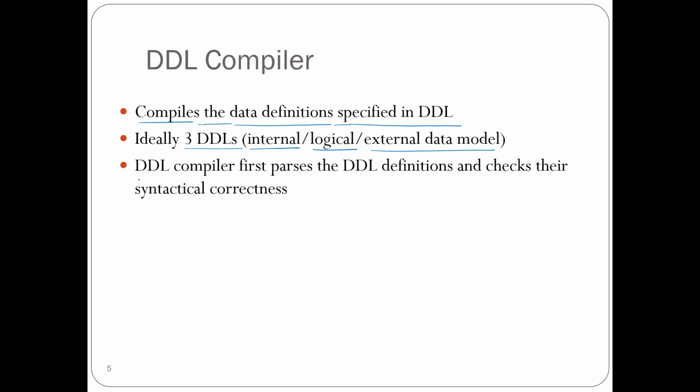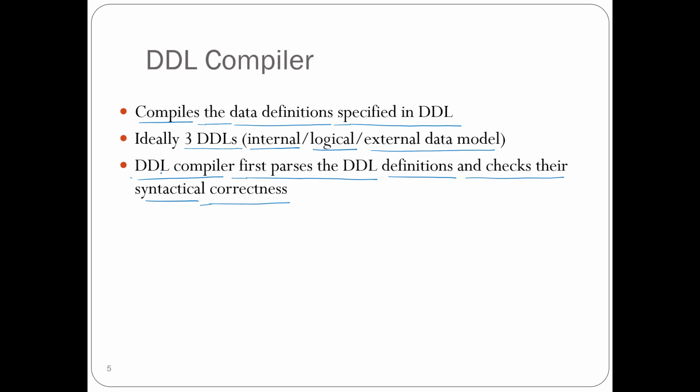It says that the DDL compiler will first parse the DDL definitions to make sure that they are syntactically correct. Syntactic, I believe you people know about it. There should not be any syntax error. So that thing is checked by the DDL compiler.